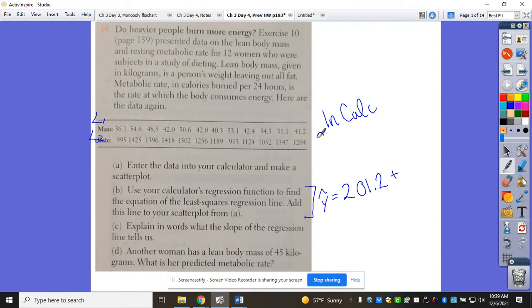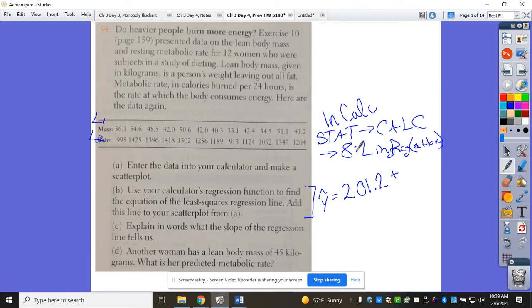Not that one, but you go to stat, and then which button? Which number? 8, which is linear regression. And then it gives you your output. So it gives you a y-intercept of 201.2, and then in general, what goes here?